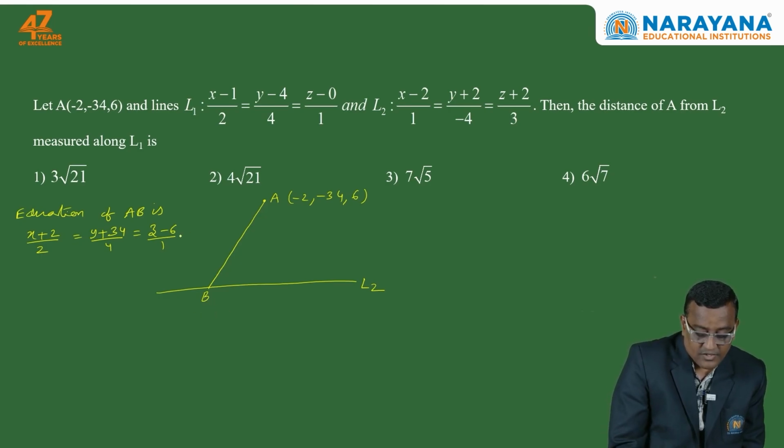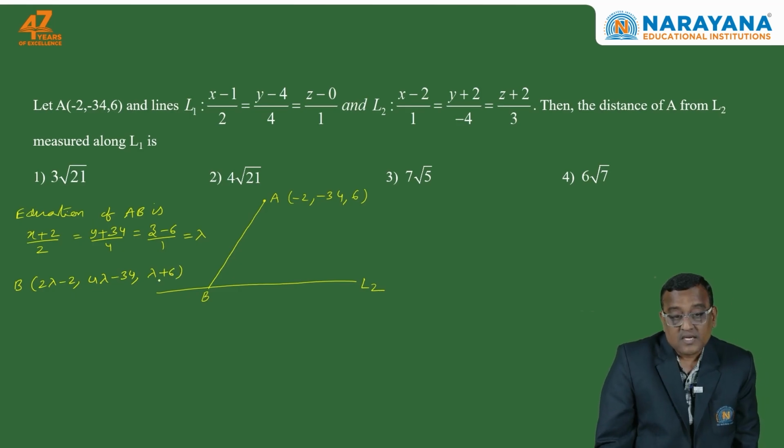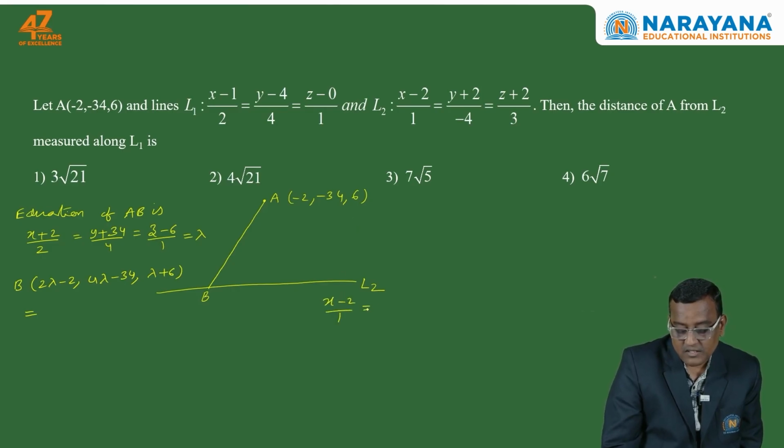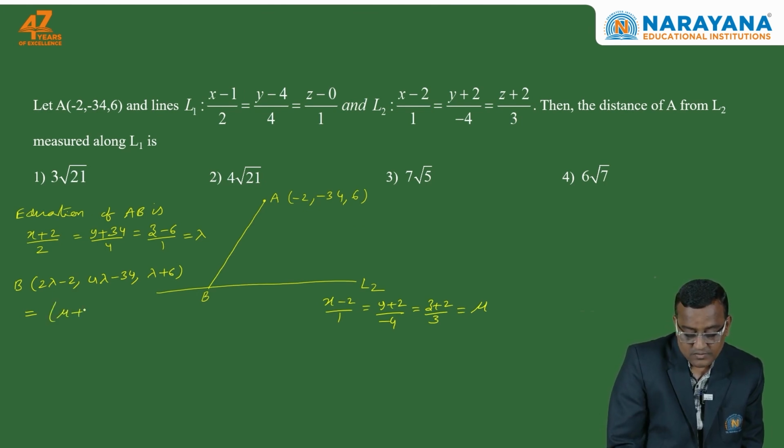Now if you take this as lambda, then the coordinates of B become 2 lambda minus 2, 4 lambda minus 34, lambda plus 6. And B is also a point on L2. Take this L2 equation, x minus 2 by 1 is equal to y plus 2 by minus 4 is equal to z plus 2 by 3. Let it be mu, then the coordinates of B are mu plus 2, minus 4 mu minus 2, 3 mu minus 2.